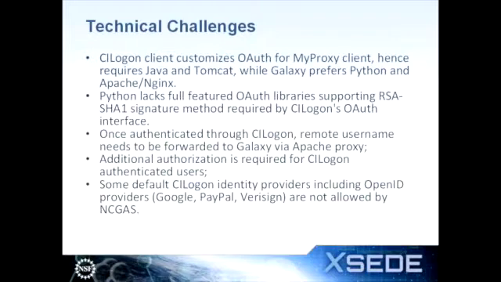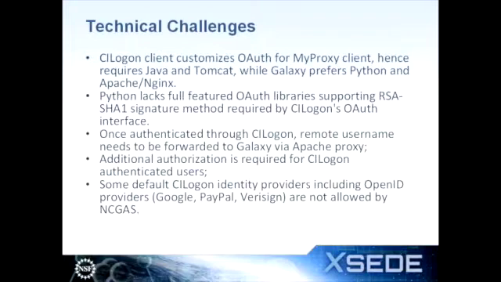As we mentioned before, there are some technical challenges in adopting the CILogon services. First of all, the CILogon client is basically just a customized OA4MP client, so it requires a Java and Tomcat environment, while Galaxy prefers Python and the Apache NGINX environment. Also, the Python language itself lacks the full-featured OAuth libraries supporting the signature method required by the CILogon client.